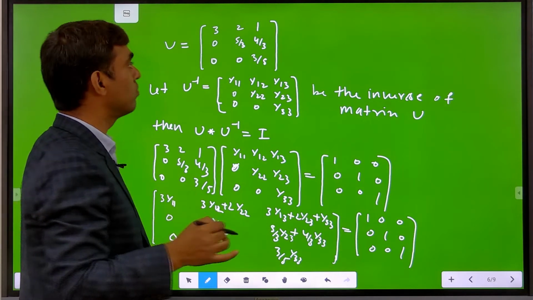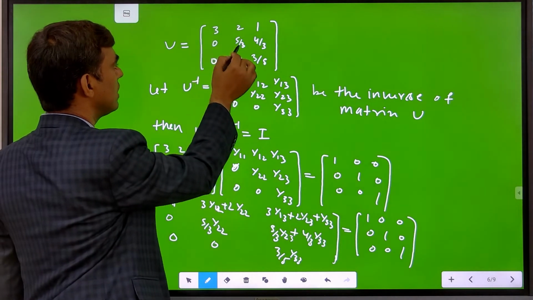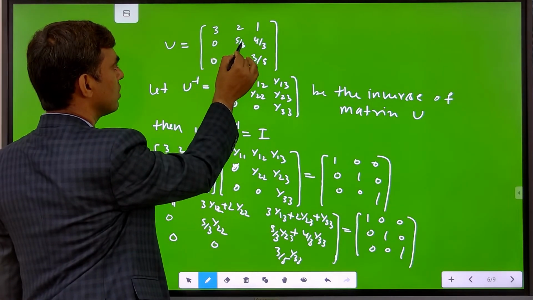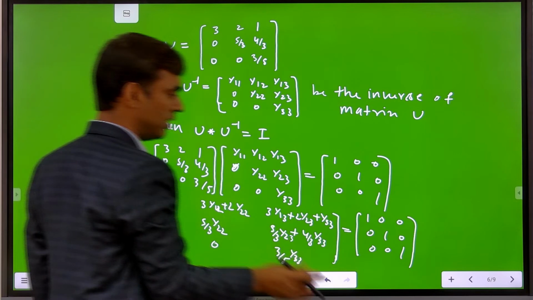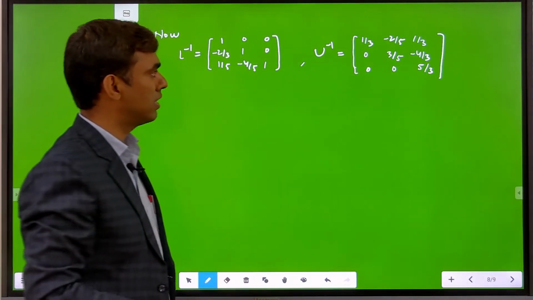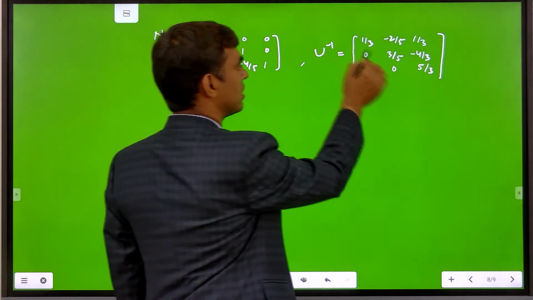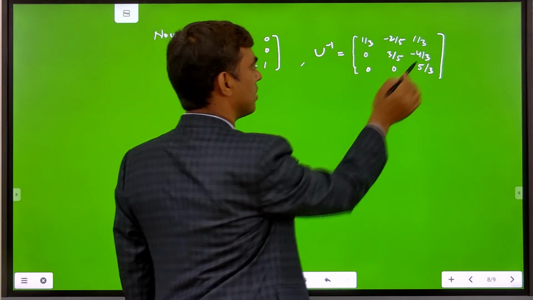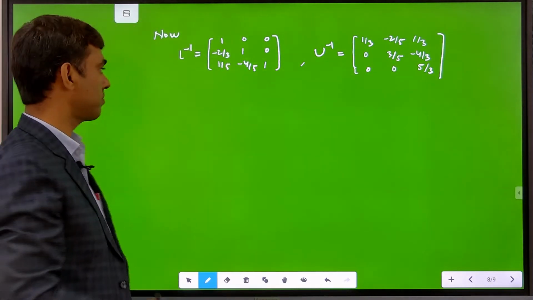So in the inverse, this becomes 1 by 3, 3 by 5 and 5 by 3.